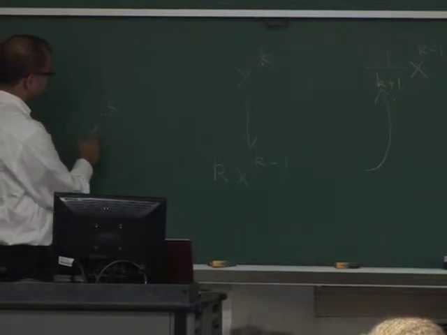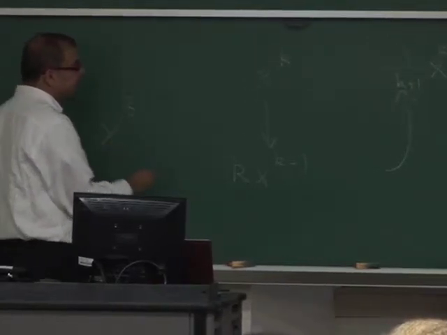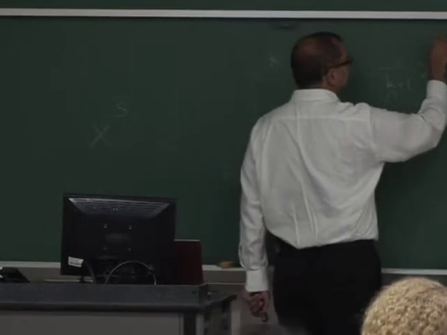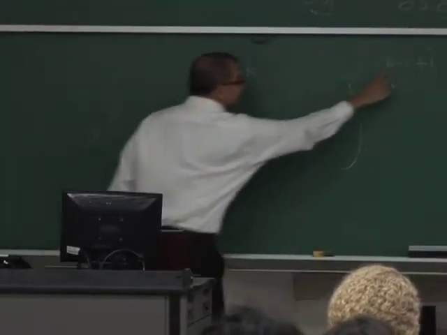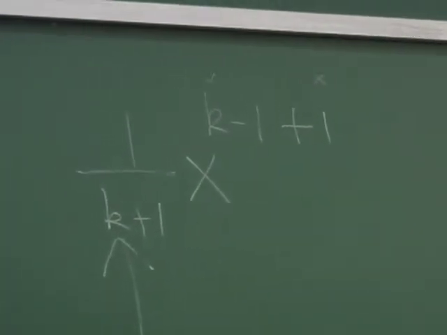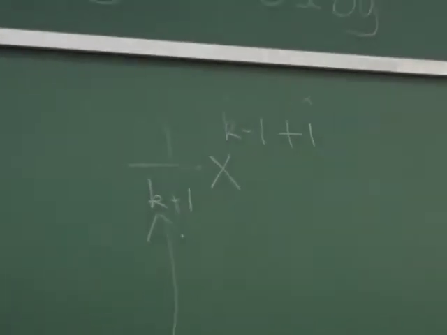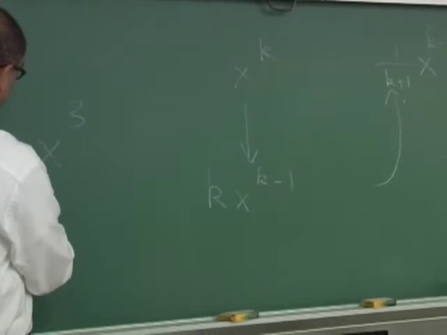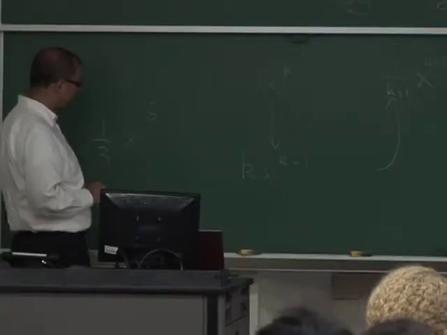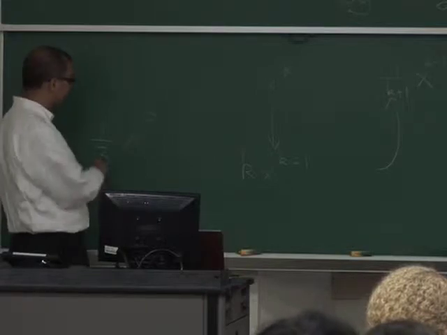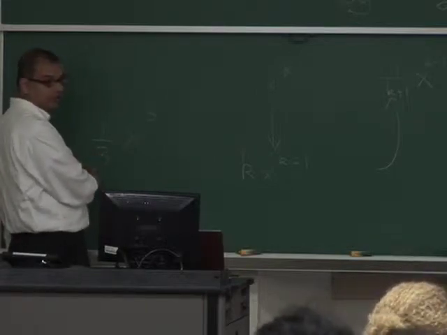Because it has to be this and that. Because this is what I did when I went down here. So in this case, k plus 1 is 2 plus 1, so 1 over k plus 1, which is 3.